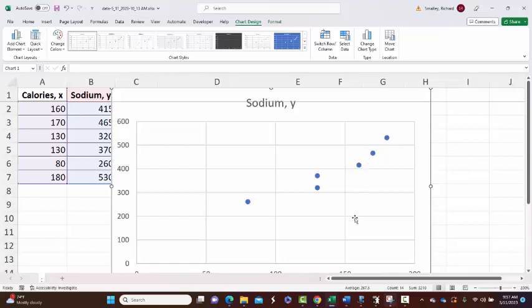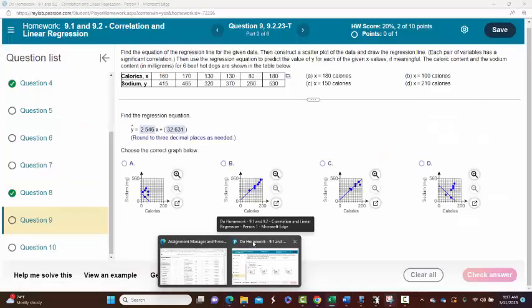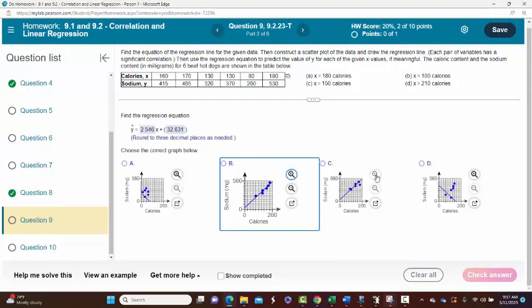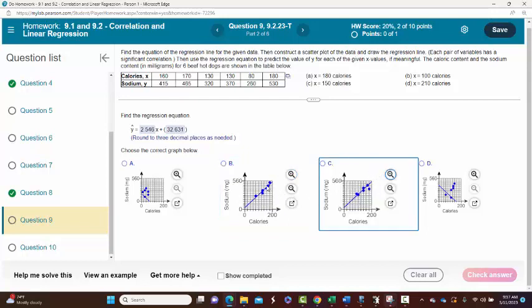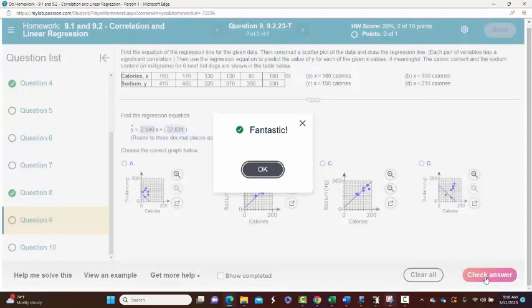I'll look at these three here. I think it's B, because C doesn't have those three dots along the same line. Yeah, I think it's this one. So you're just trying to get an approximation there.